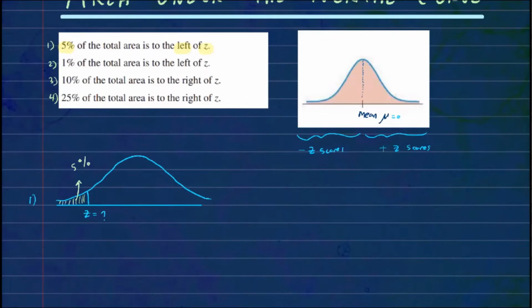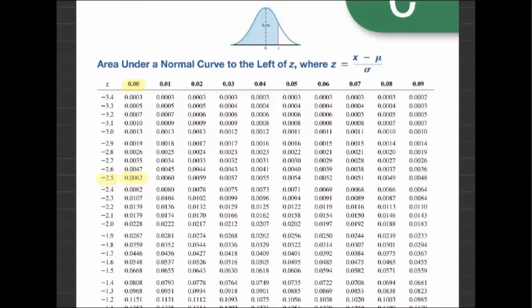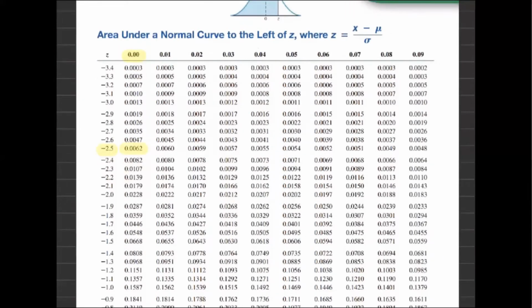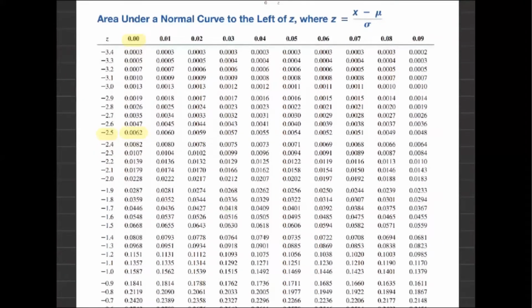5% in decimal is 0.05. So on the table, you're going to look for the body of it, 0.05. Going back to this again, we look for the area of 0.05. I see 0.04 here. So 0.05 will be, this is 0.05, this is 0.05.